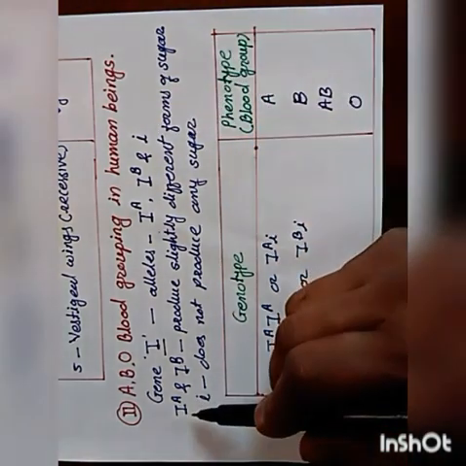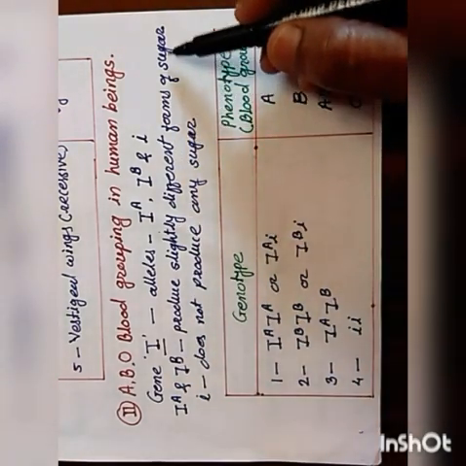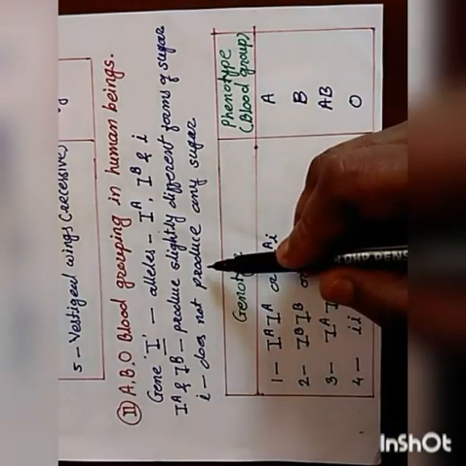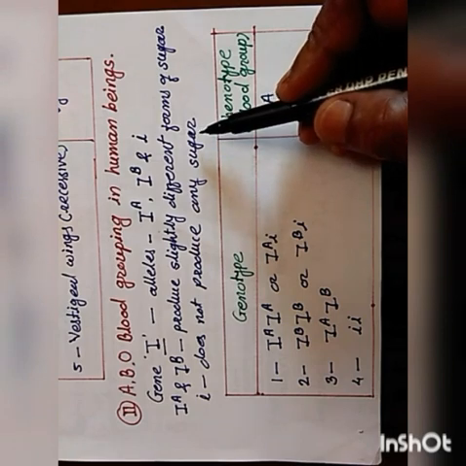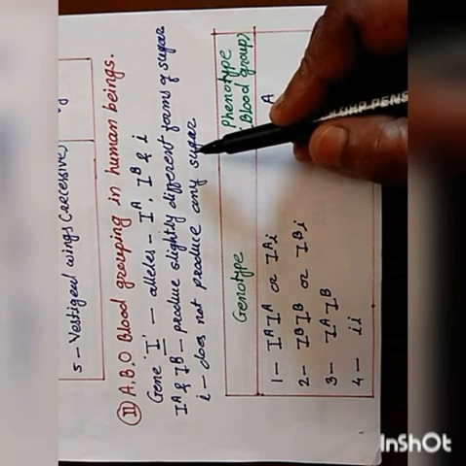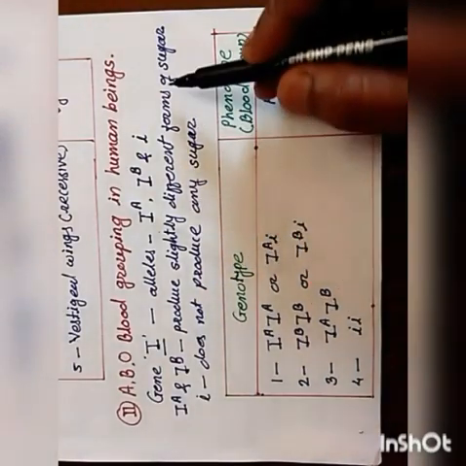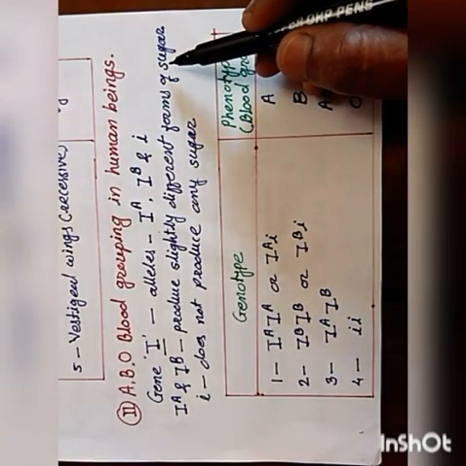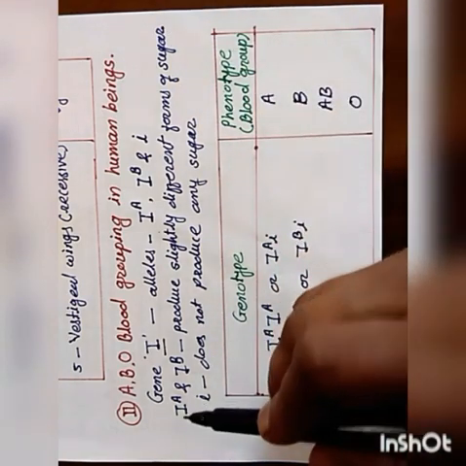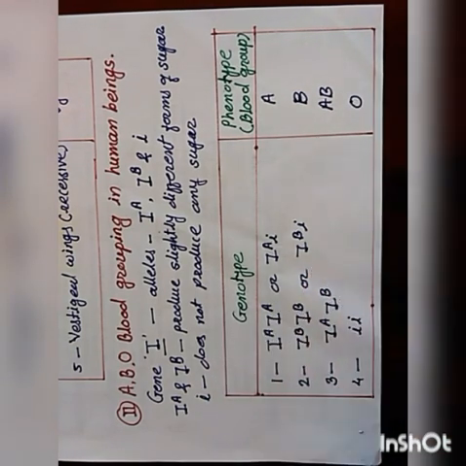The alleles IA and IB produce slightly different forms of the sugars, and the allele i does not produce any type of sugar, and these sugars are present on the plasma membrane of the RBCs. Means these sugar polymers are present on the plasma membrane of the red blood cells, which are produced due to these alleles.